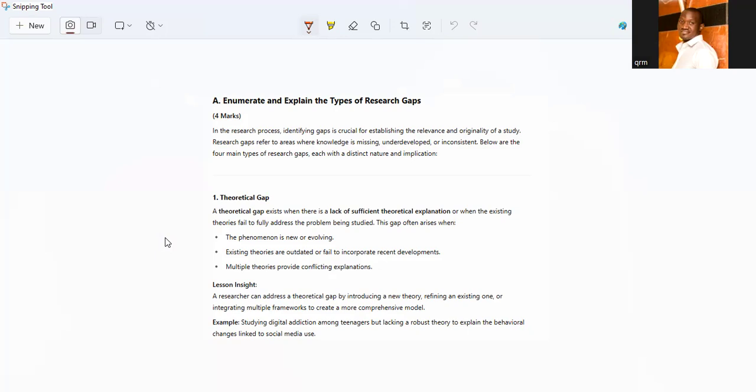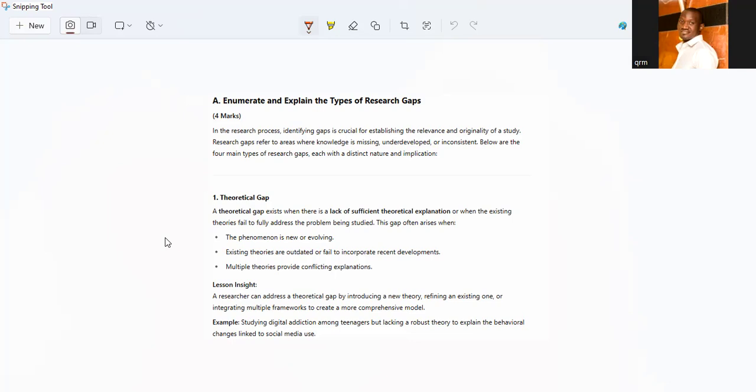When an existing theory fails to fully explain a problem being studied, we come up with what is called a theoretical gap. We know theories come from already established phenomena that people have theorized. You can come up with a theoretical gap yourself as a researcher, arguing that this theory by so-and-so lacked this aspect.